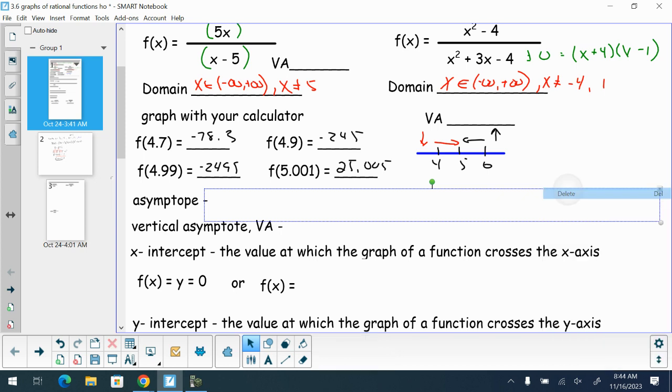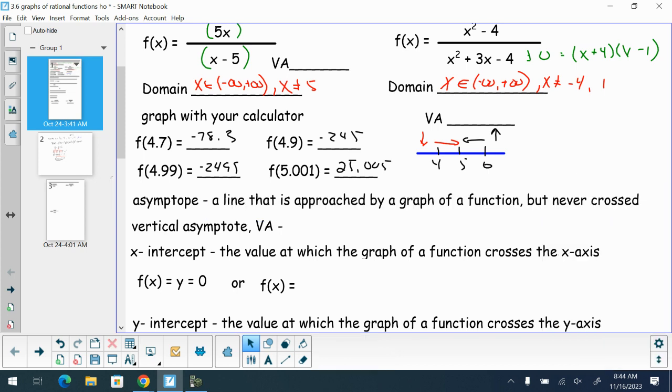We talked about this in trig class, the idea of an asymptote, when we were graphing our secant, cosecant, tangent, and cotangent functions. An asymptote is a line that is approached by a graph but never crossed.